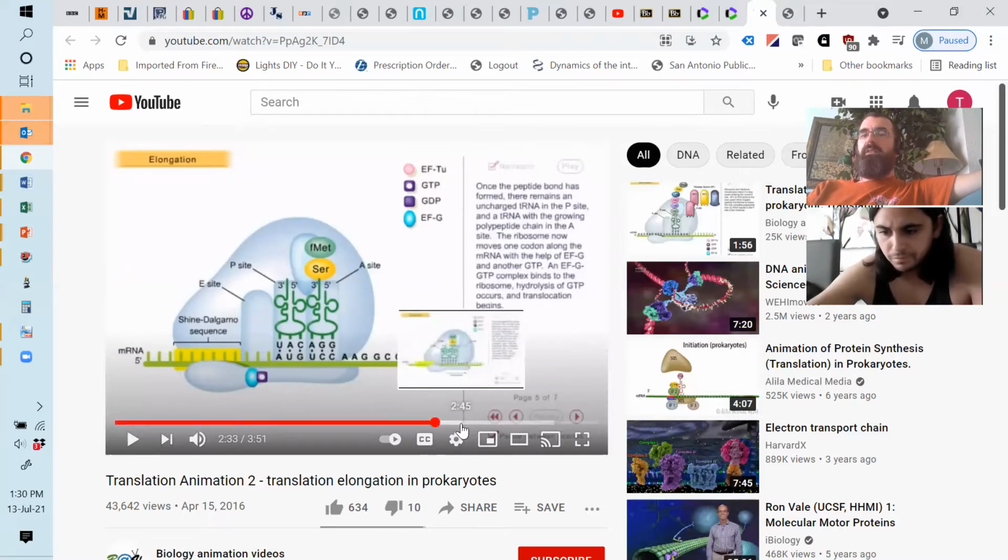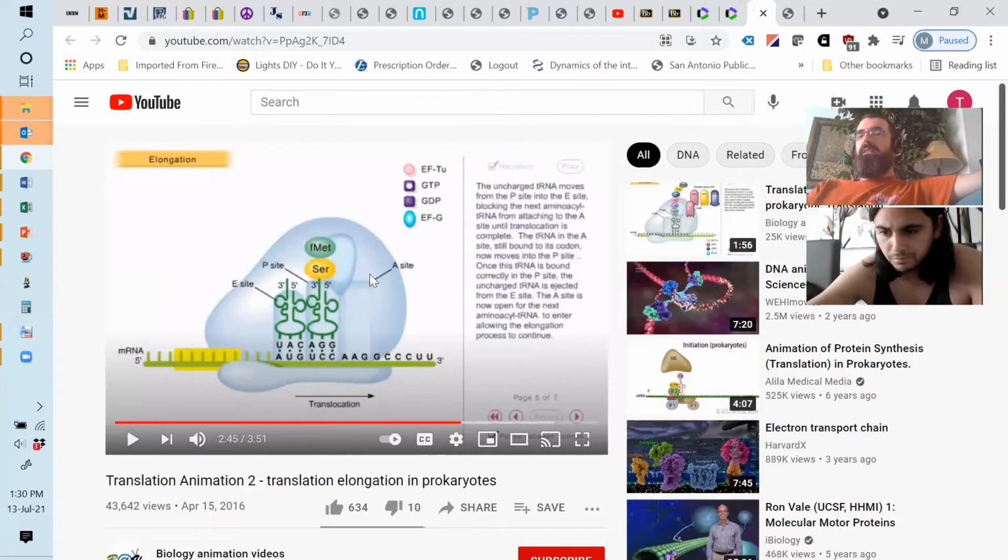So once that occurs, that GTP is hydrolyzed, the whole process moves along. Now you have the original tRNA in the E site that leaves, and a tRNA in the P site that now has 2 amino acids attached to it. And then the whole process begins again.